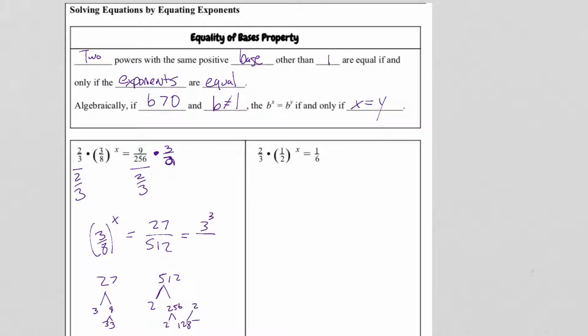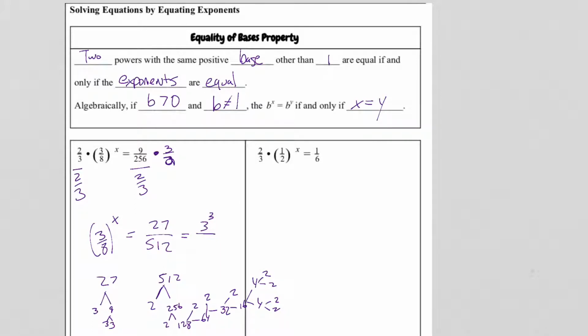There'll be a lot of 2s. 2 and 64, 2 and 32, 2 and 16, 4 and 4, 2, 2, 2, and 2.